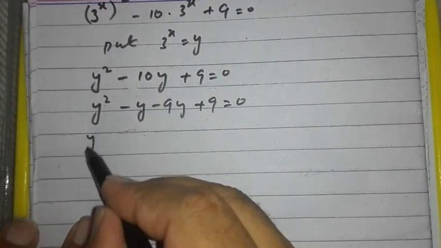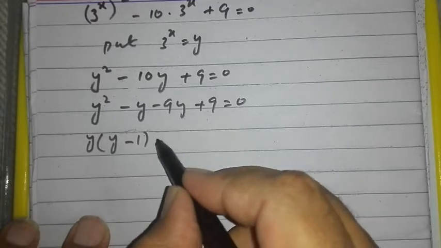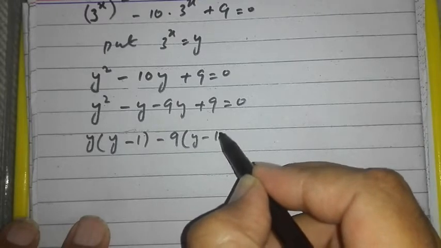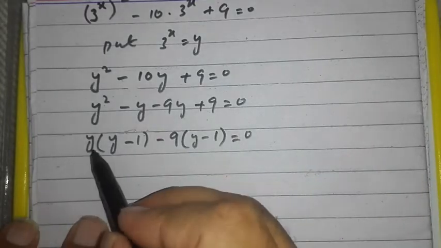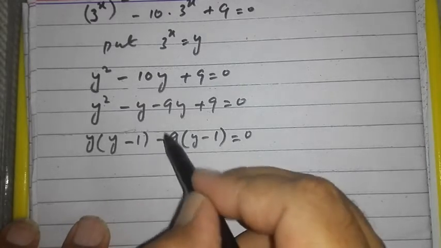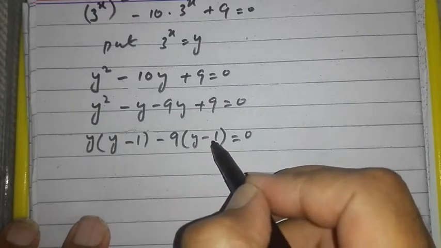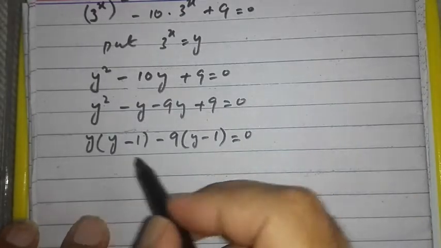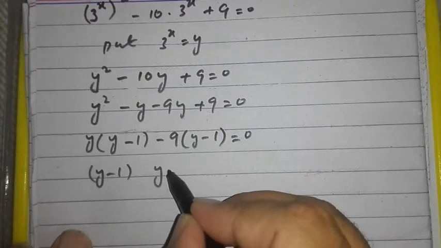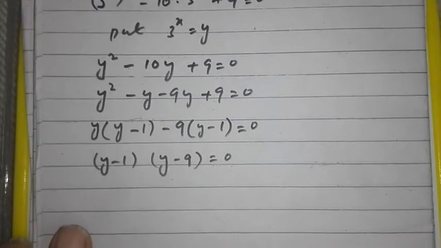So take y common from here, we get y minus 1, and minus 9 common from here, we get y minus 1 equals to 0. Look, y into y we get y square, y into minus 1 we get minus y, minus 9 into y we get minus 9y, and minus 9 into minus 1 we get plus 9. Now take y minus 1 common, so here remains y minus 9 equals to 0.